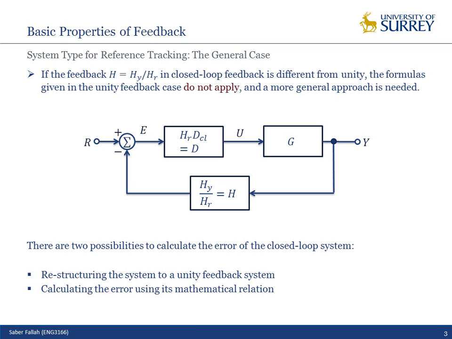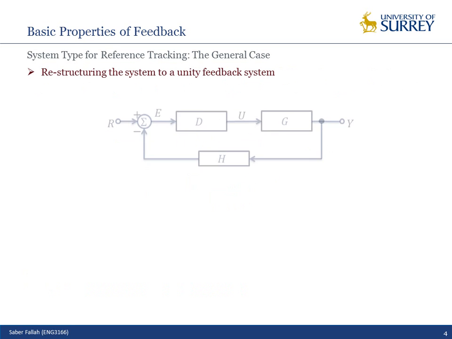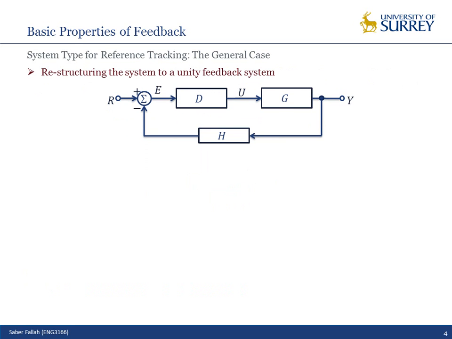If you remember, for the unity feedback system, we have a straight line here. We don't have this transfer function here. So let's see how we can restructure this block diagram as a unity feedback system. Look, this is the transfer function we have here.